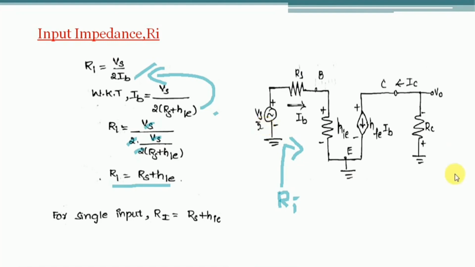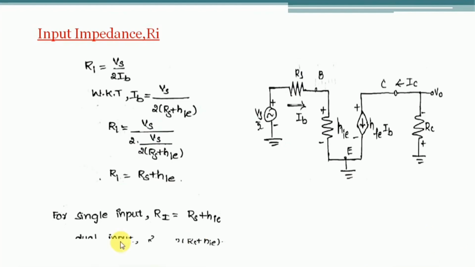So finally for the dual input we obtain the input impedance Ri as 2 times Rs plus 2 times Hie. Okay, so for the dual input, Ri is 2 times Rs plus Hie. So this is the procedure how to calculate the input impedance of the dual input balanced output differential amplifier by using an approximate H parameter model.